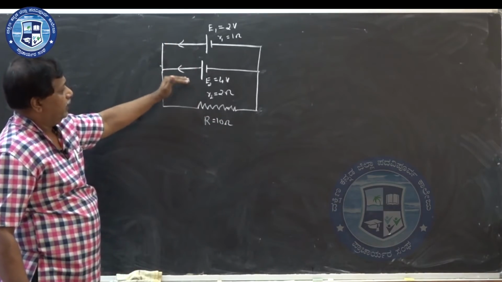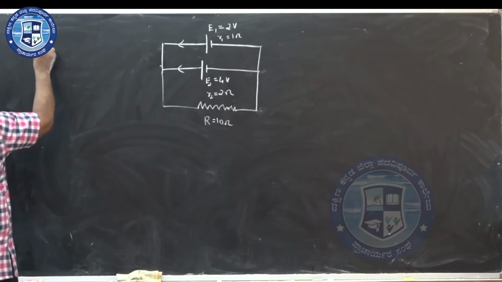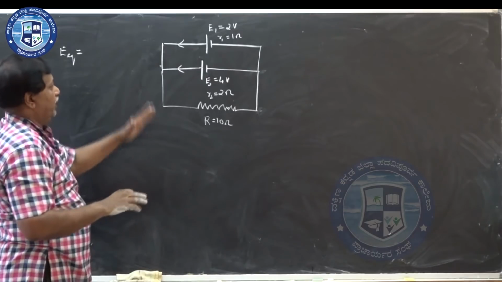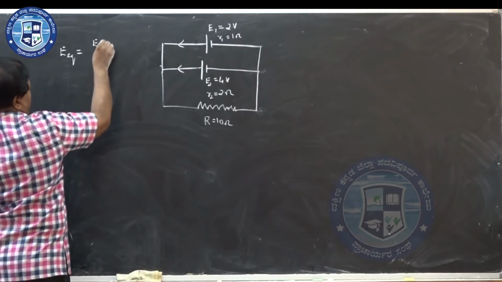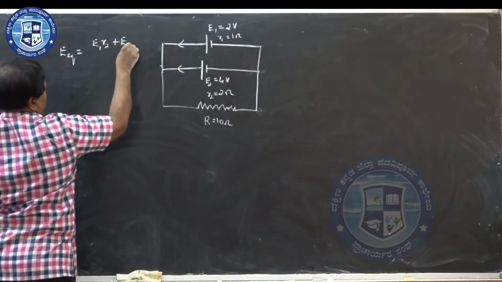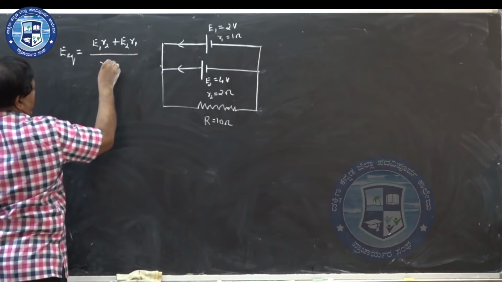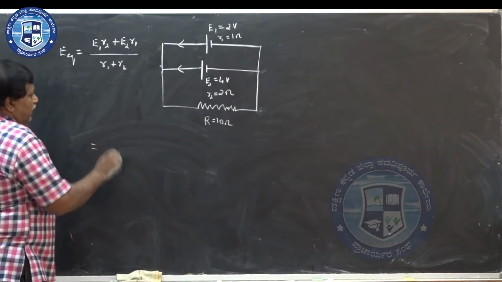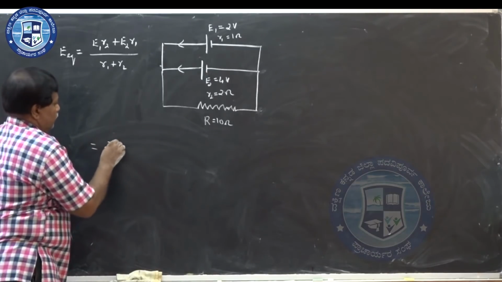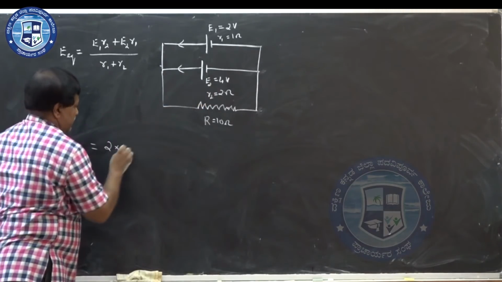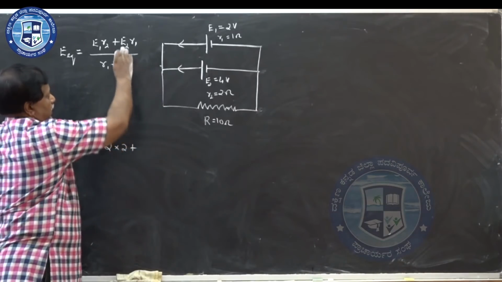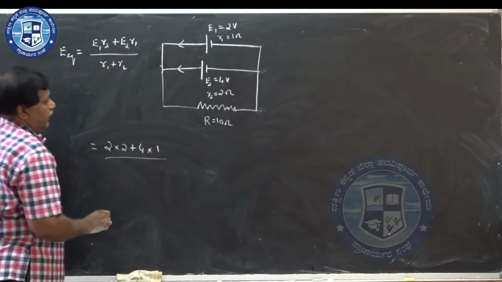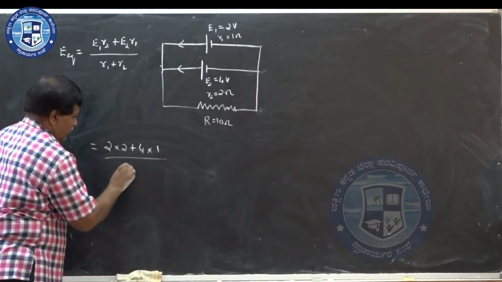Now we should get the equation for equivalent EMF in parallel. It is equal to E1 R2 plus E2 R1 divided by R1 plus R2. Now you can directly substitute, you know the values. E1 is 2, R2 is 2, plus E2 is 4 and R1 is 1, divided by R1 plus R2, 1 plus 2.